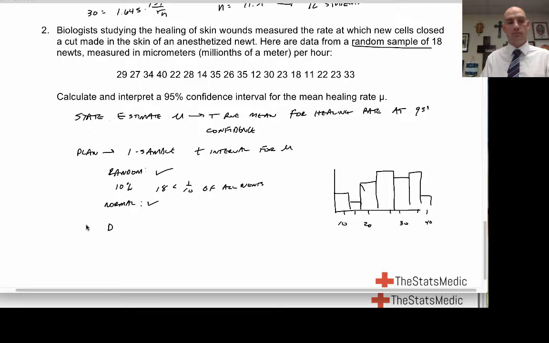So we're going to do a point estimate. And we do our point estimate plus or minus our margin of error. We're going to have x bar plus or minus t star times our standard deviation over the square root of our sample size.